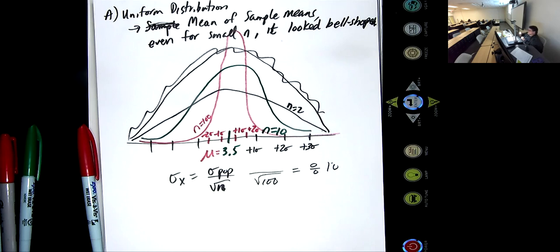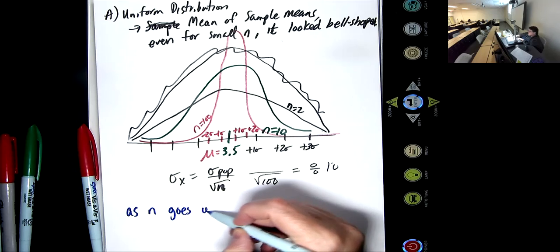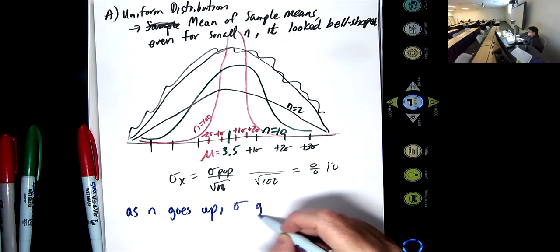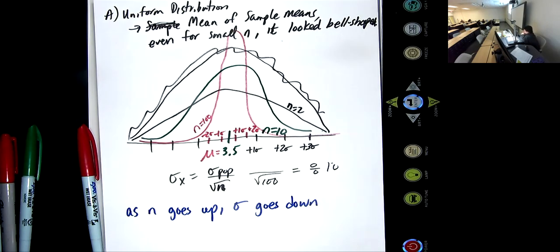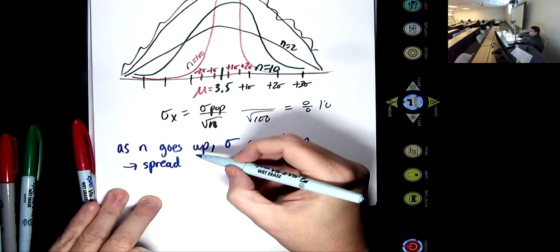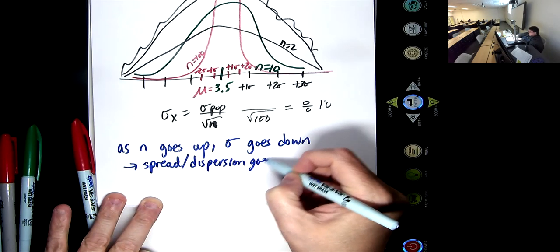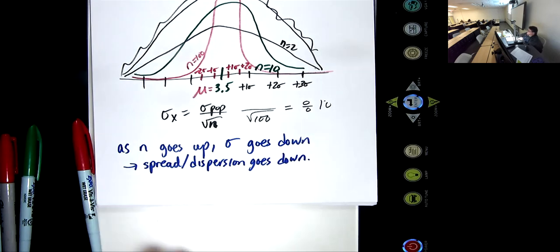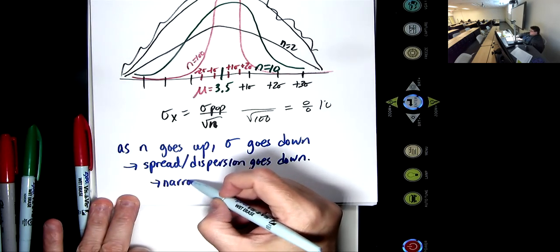An easy way of writing it that kind of makes sense: as n goes up, standard deviation goes down, which means the spread or dispersion goes down, which means a narrower but taller bell shape.